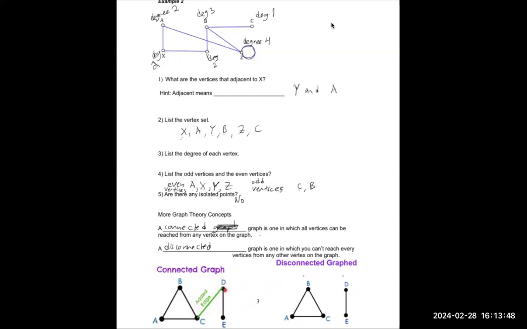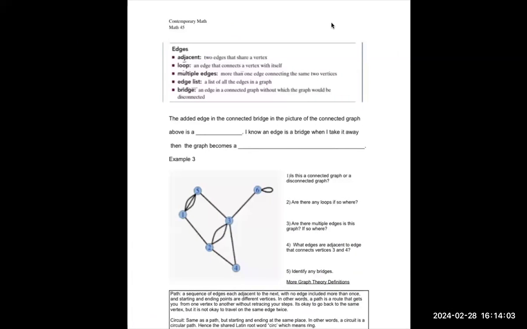It's called a bridge. So forget about the previous definitions of bridge, but now we know what the definition of bridge means here in graph theory. Adding that edge, or I like to call them roads as well, makes it now so that all the locations can be gotten to from any of the other locations.